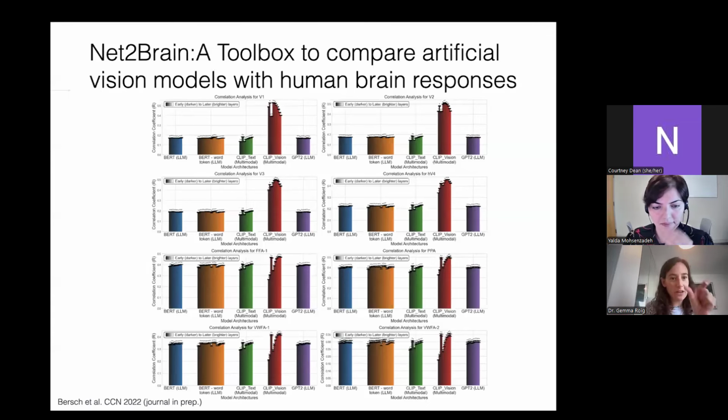What you see for each model is all the layers, early layers to the left and later layers to the right. So if we see the vision models, we see the progression of the layers and how they can predict the different brain areas, and also how the language models are increasingly predicting, with higher predictivity, the brain responses along the hierarchy of the brain regions.